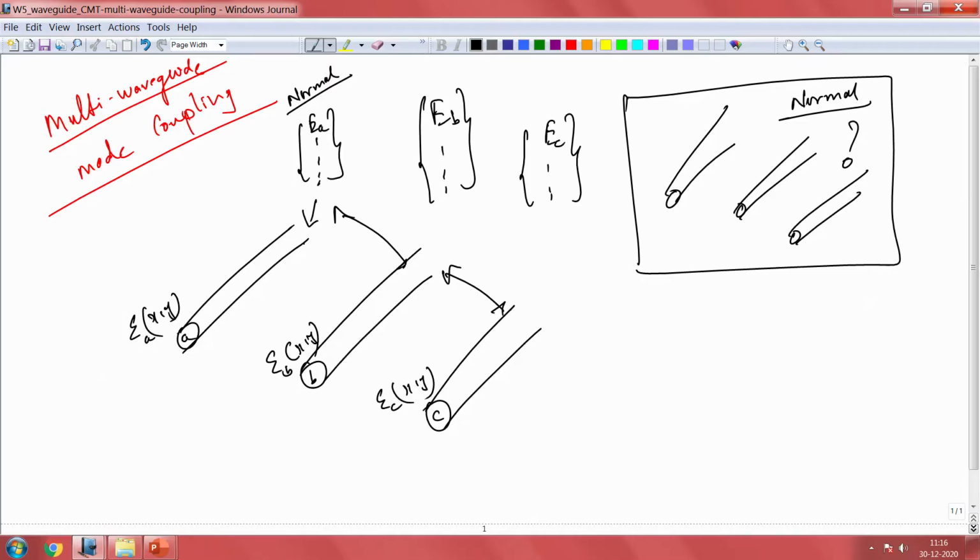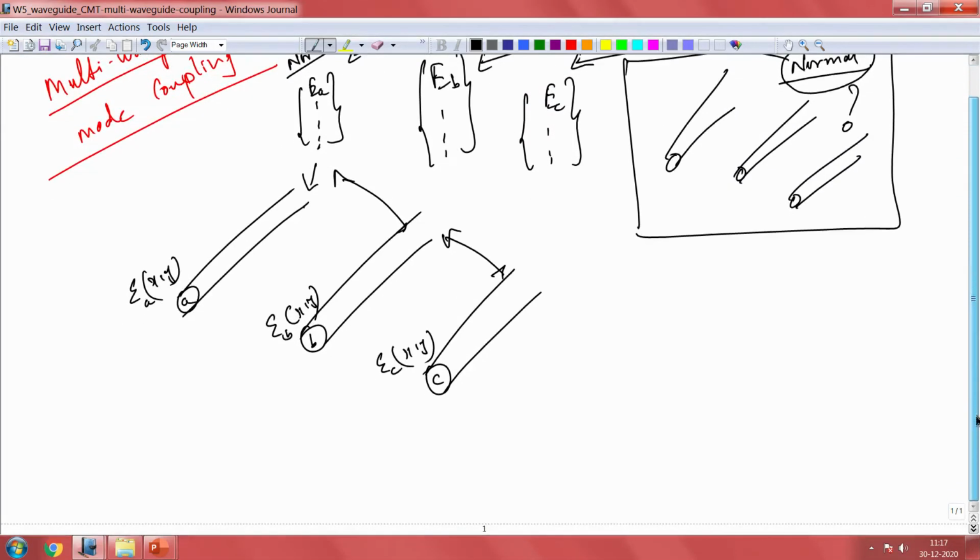I should be able to write the normal mode for the system as a linear combination of the individual modes that I have here. This is something we already discussed in the last lecture, how you can do this linear expansion. The field of this entire structure can be expanded in terms of the normal modes that we have for the waveguides here.